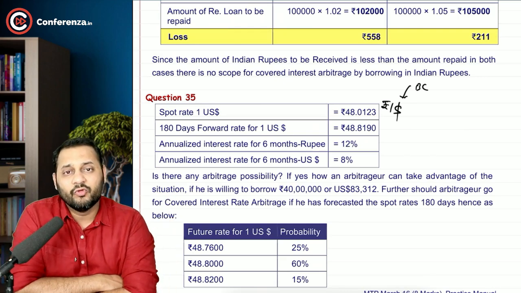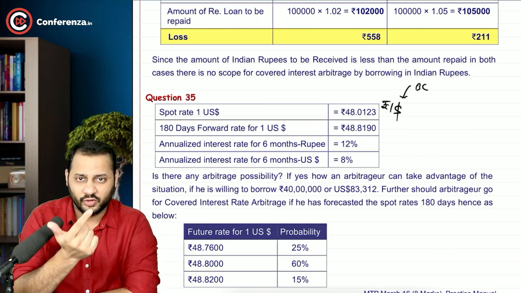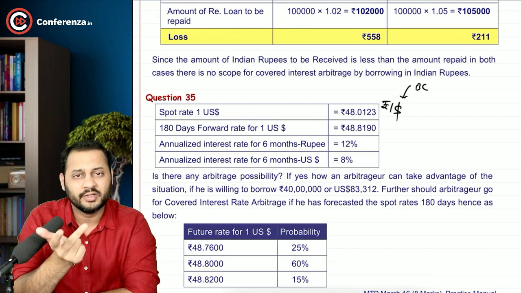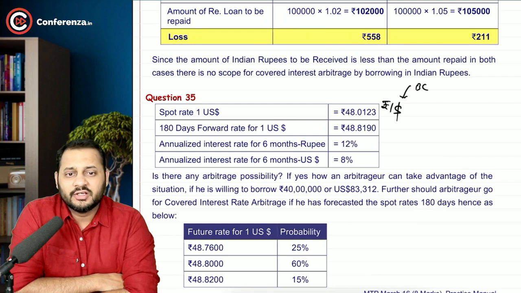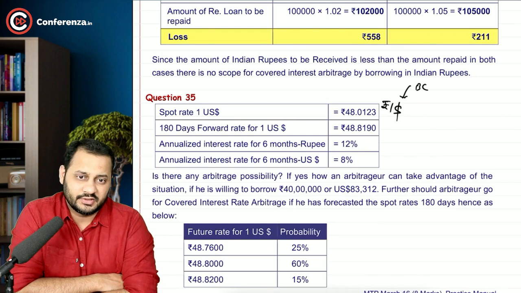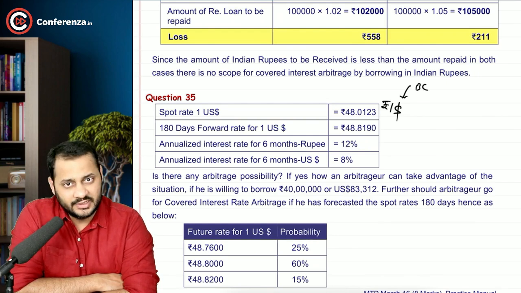Now, with these four figures, spot rate, forward rate, interest rate of home currency, interest rate of foreign currency, can you find out whether there is an arbitrage possibility? Yes, sir. Interest rate parity theory applies in this case. Please pay 100% attention to what I'm saying, at least in this lecture.